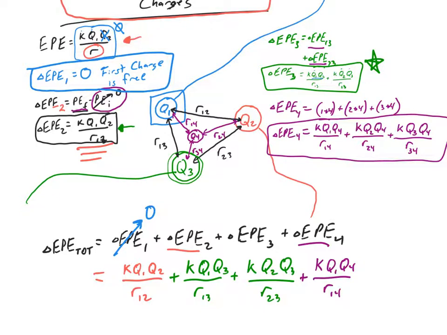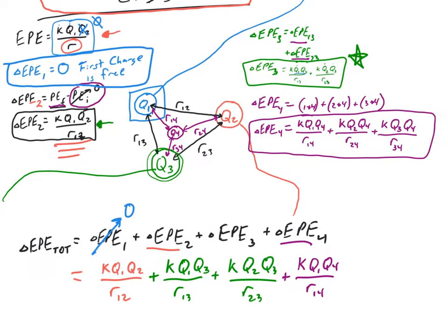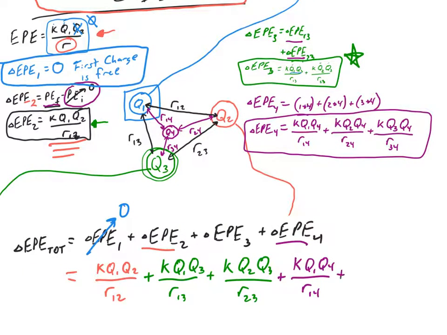I'm going to run out of space. Plus K Q2 Q4 over R24. I barely have enough space left for the last one. K Q3 Q4 over R34. That is our change in electric potential energy total.